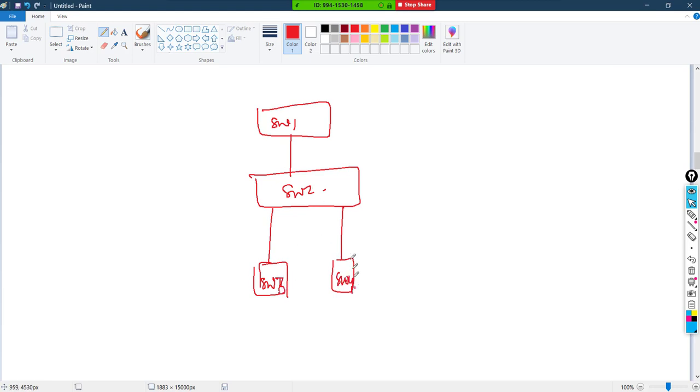Okay, so let's say this is the root bridge. Now the second thing that I have to find is the root port. So from this point of view, this is directly connected and it's going to be the root port, and this is going to be the designated port. Now out of these two switches, let me take these two as one switch.